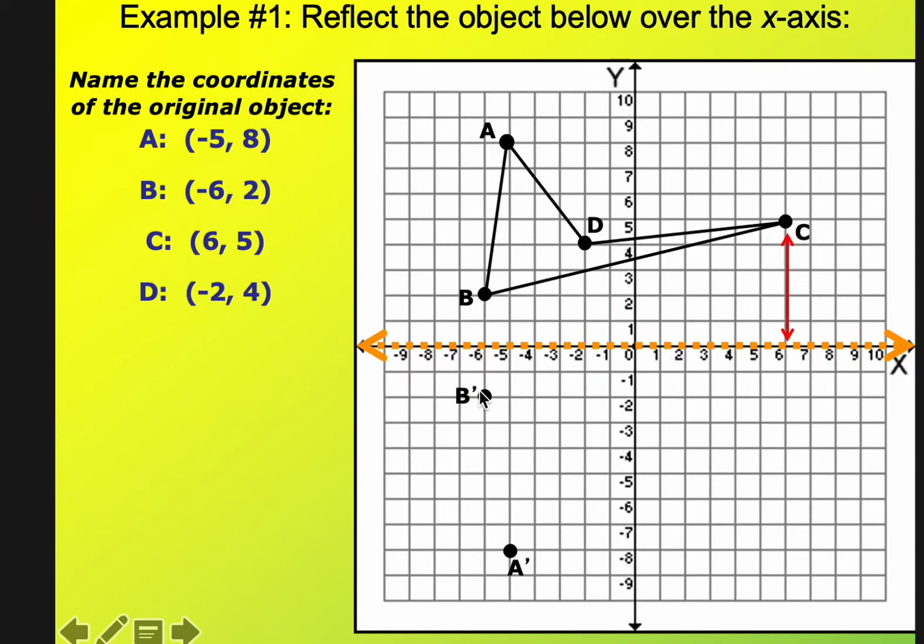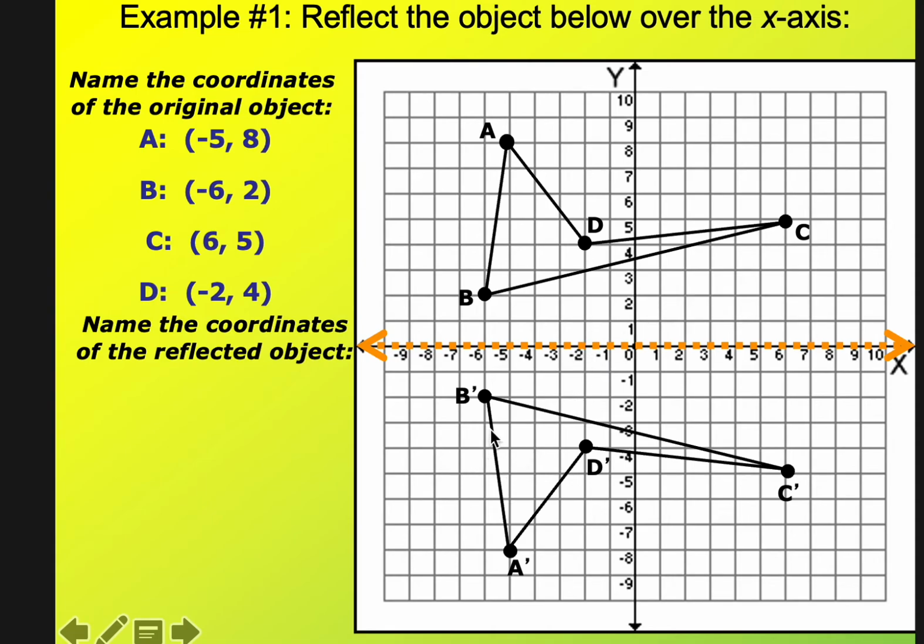C, move it down 5 more, C prime. D, down 4 more, D prime. Then we'll connect our dots. We should have a congruent shape, a congruent geometric figure, just flipped over that.